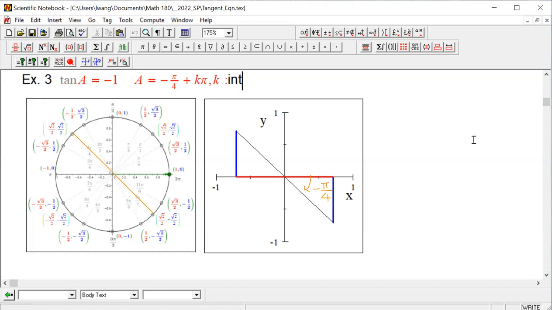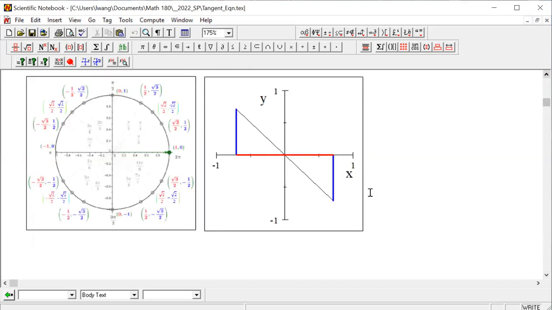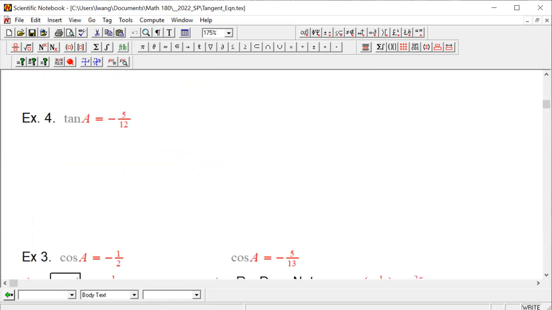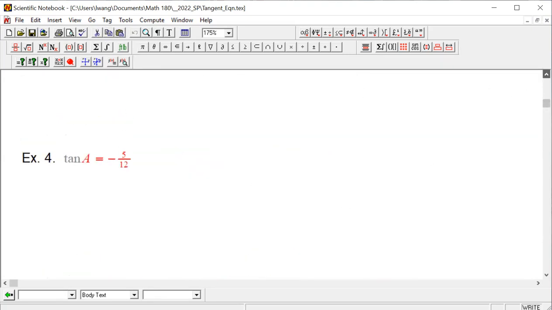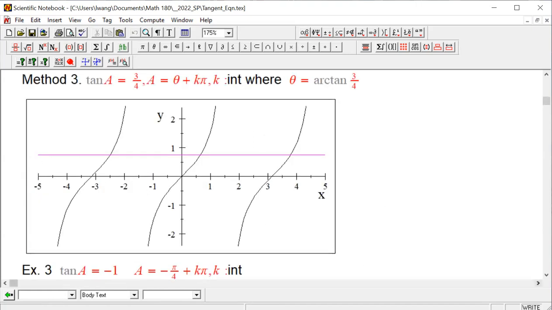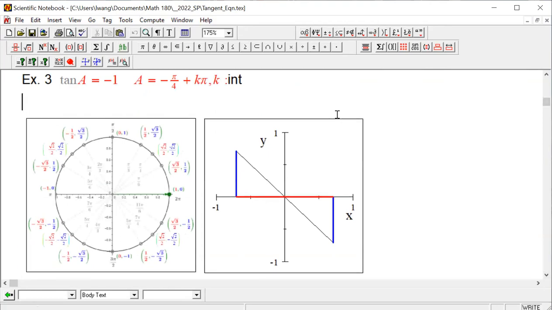So example number 3. The third method, we're going to take method 3. The above are for method 1 and 2, right?